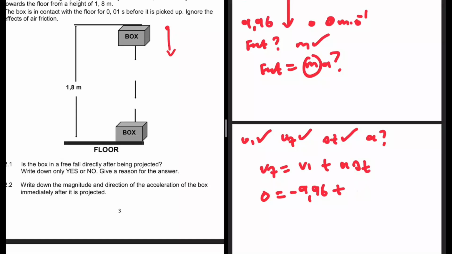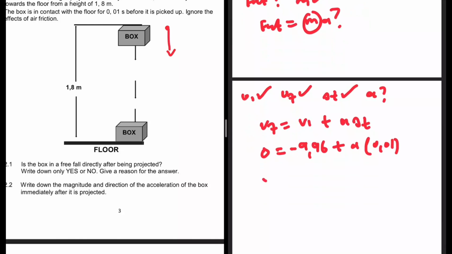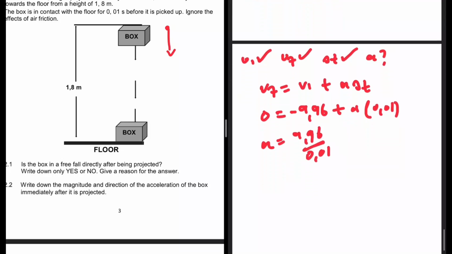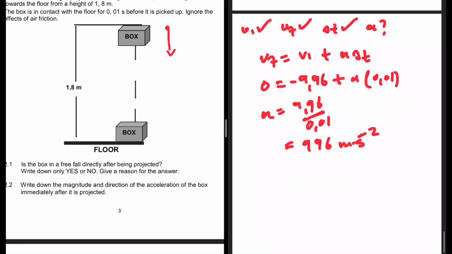I'm used to saying acceleration is minus 9.8, but in this question, we're actually looking for the acceleration. The time with which it is in contact with the ground is 0.01 seconds. So the acceleration is going to be 9.96 divided by 0.01, which equals 996 meters per second squared. Right, we have the acceleration.